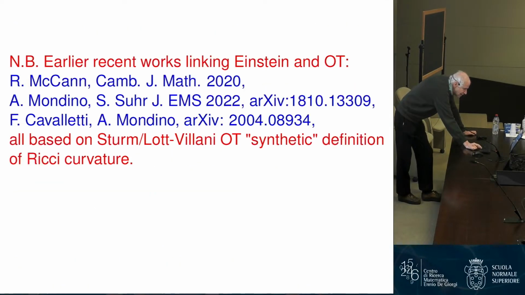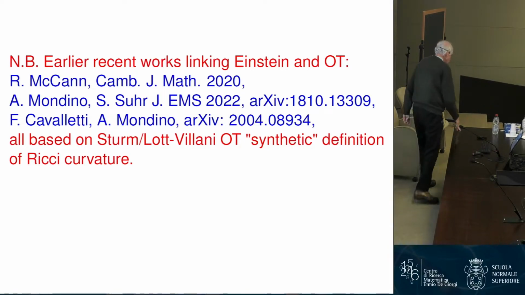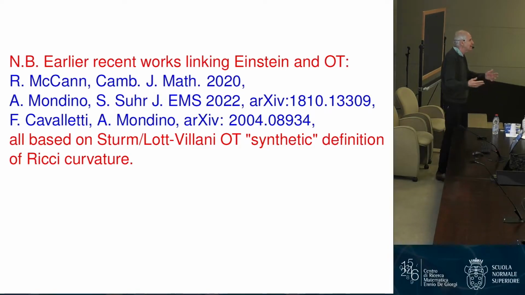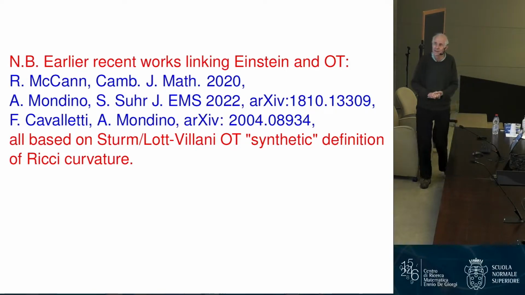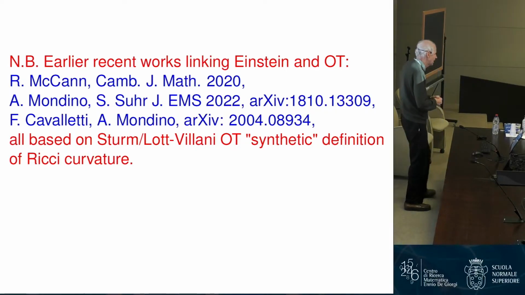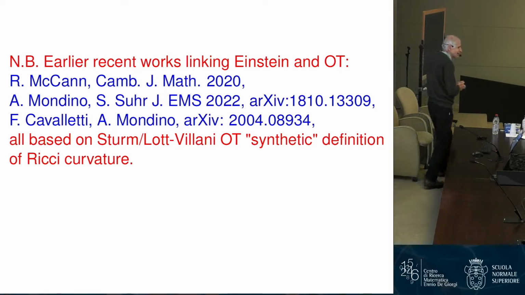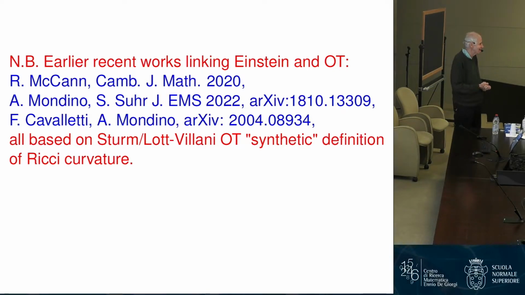Okay, so now let me mention that, if you were here yesterday, it was absolutely obvious that there is a big link now between optimal transport and general relativity. And, of course, our chairman has been one of the contributors, and it's pretty recent.